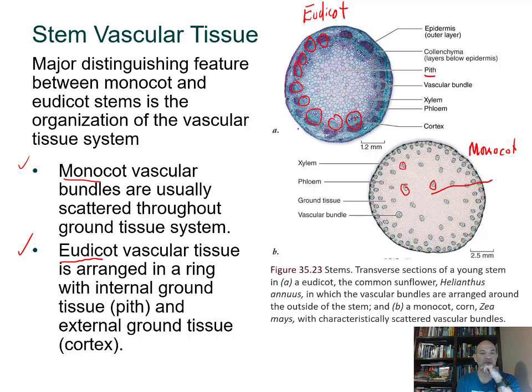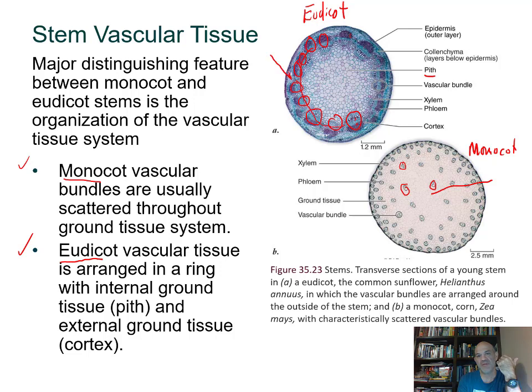And then if you look at these stems in general, you can consider a stem a major organ of the plant. If you look at the ground tissue that's towards the outside, say from the area where your vascular tissue is, there is ground tissue.